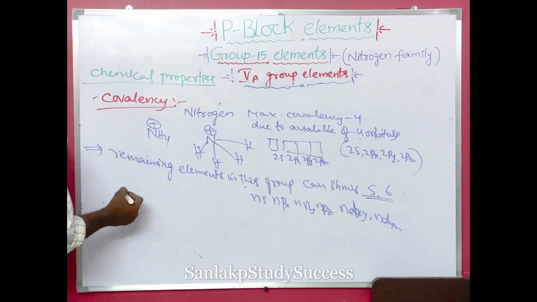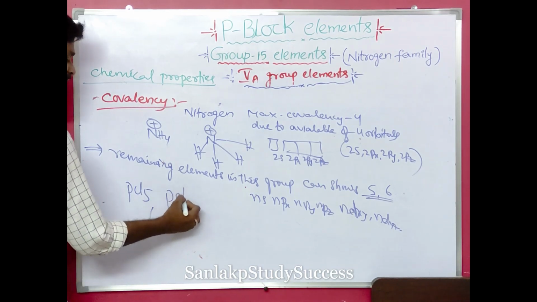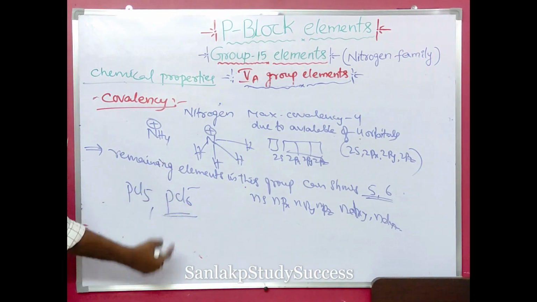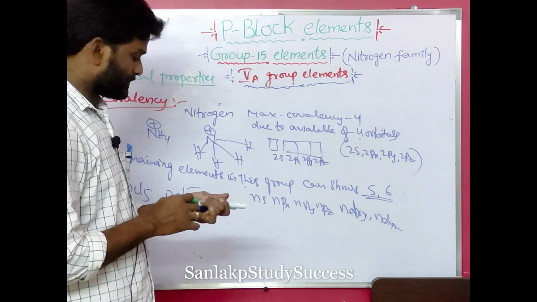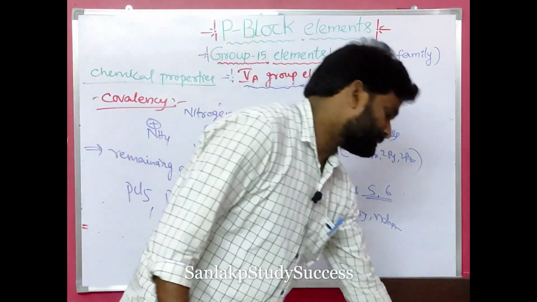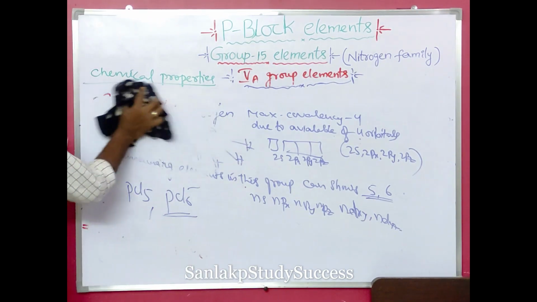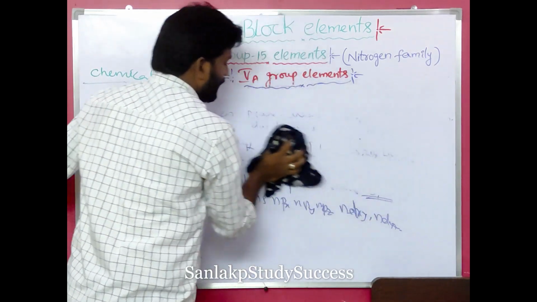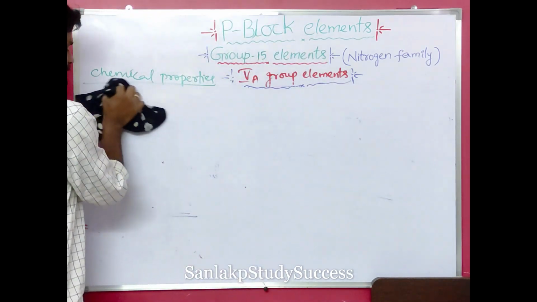For example, PCl5 contains 5 covalent bonds. Similarly, PCl6 minus can form 6 covalent bonds. Its maximum covalency is 6. This is the covalency. In this group, nitrogen can show a maximum covalency of 4 and the remaining elements can show a 5 or 6 covalency.